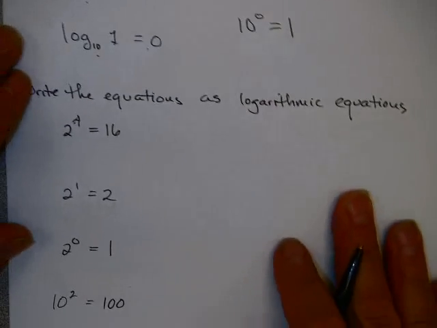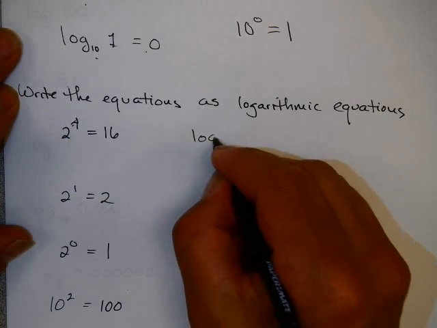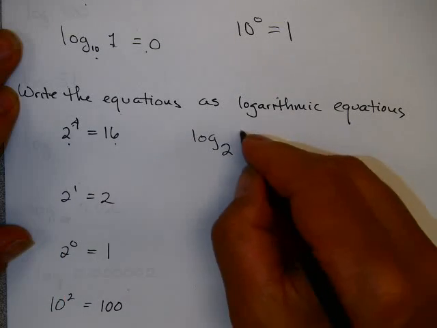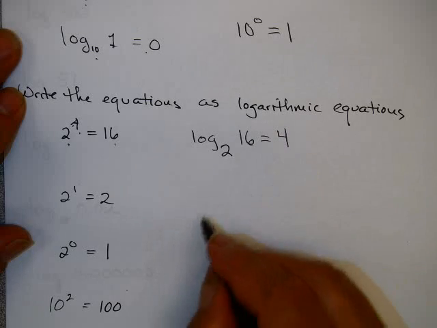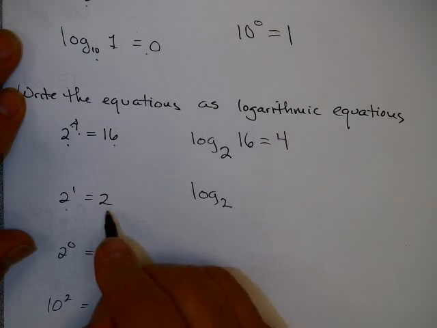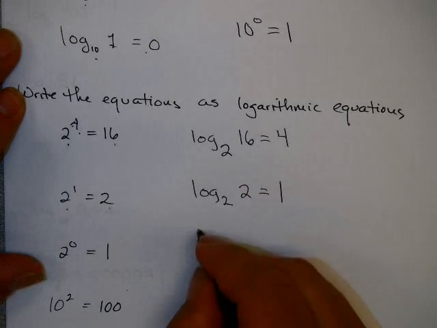How about writing exponentials as logarithms? So this is going to be log base 2, that's my base, and my answer is 16. My exponent is 4. Log base 2, again, of my answer, which is 2. My exponent is 1.